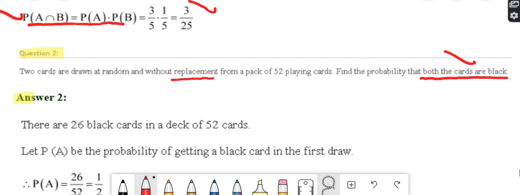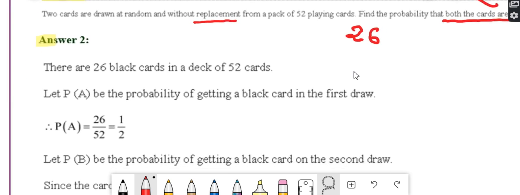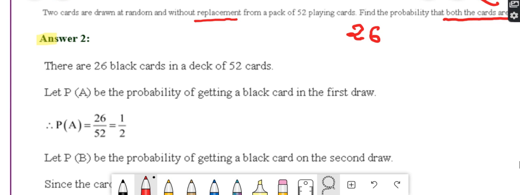Now you know that in 52 cards there are a total of 26 black cards. When you draw the first card, the probability of getting a black card in the first draw is 26 upon 52, that is 1 upon 2.